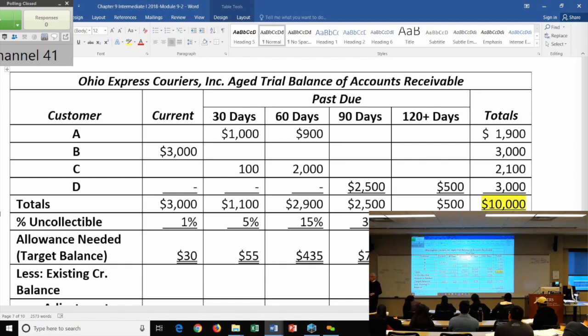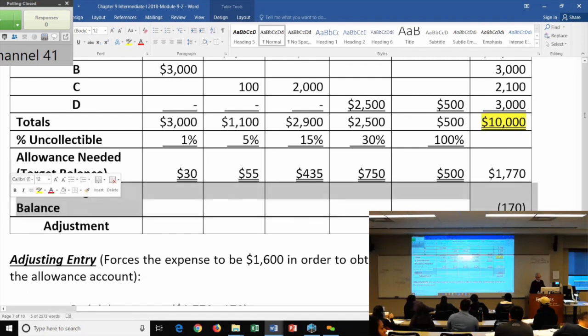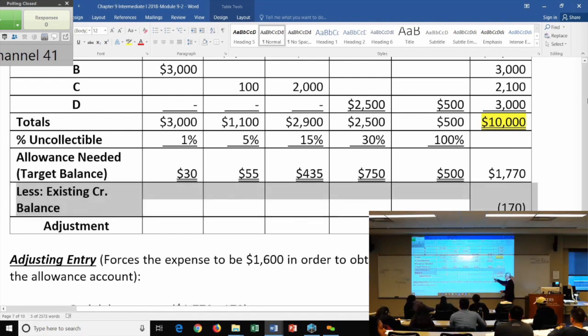That's the balance you need, the balance you want to have in that account. 1,770 is the target balance. But you've got an existing credit balance in there, so therefore you don't need the full amount. You just need a $1,600 adjustment.